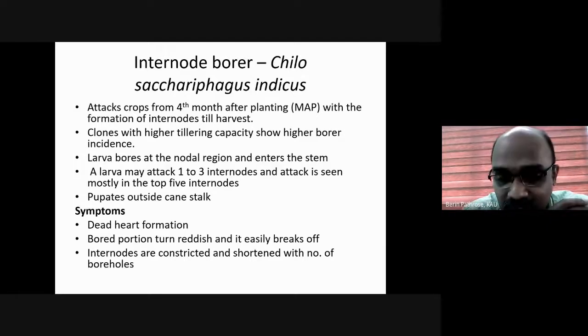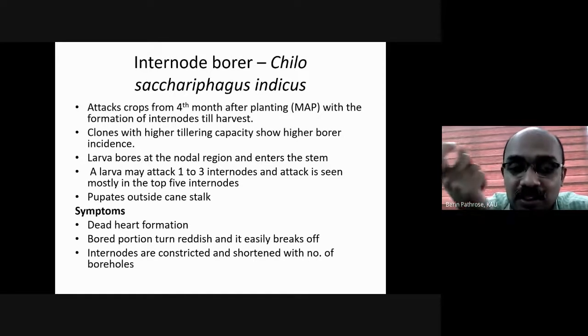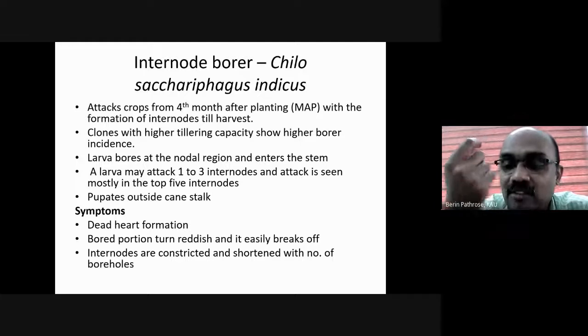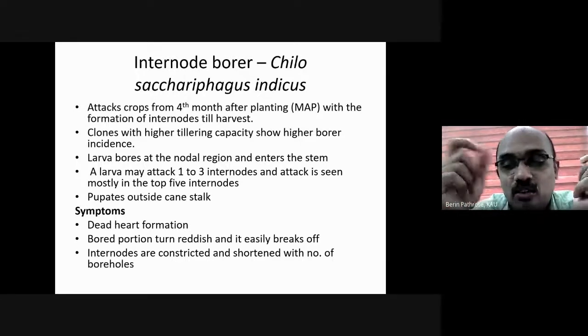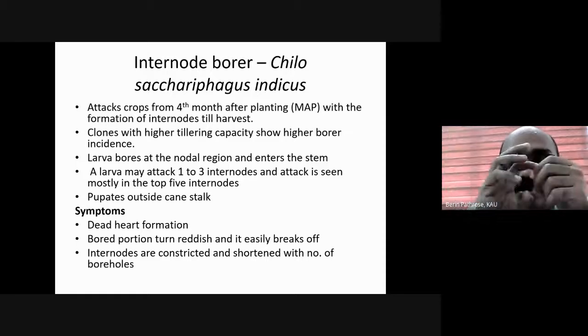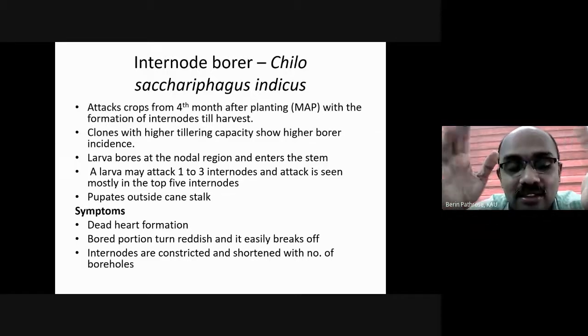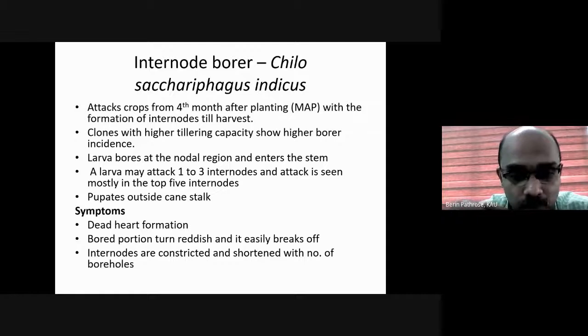And coming to the symptoms, as with any other borer, the typical symptom is dead heart formation. Because of the boring of the larvae inside the cane stalk, that cane easily breaks, because 2 to 3 internodes will be bored completely, tunneled inside completely by the internode borer, and it easily breaks off.